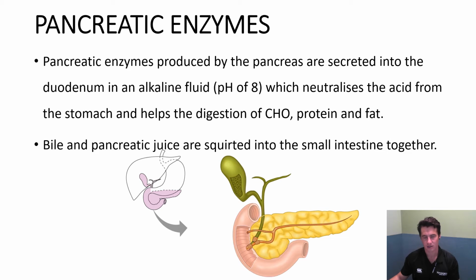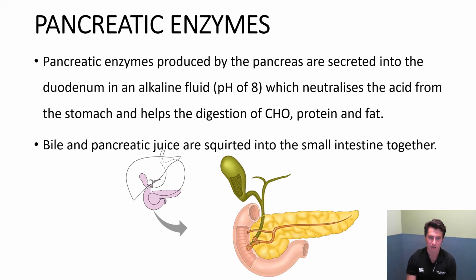Again, that's saying it's a base type substance which, when mixed with acids, helps to produce a pH that is a bit more neutral. The duodenum is the base of the small intestines. These pancreatic enzymes help neutralize the acid from the stomach, and also help with the digestion of carbohydrates, proteins, and fats. So it also has a metabolic function in terms of breaking down those three macronutrients.